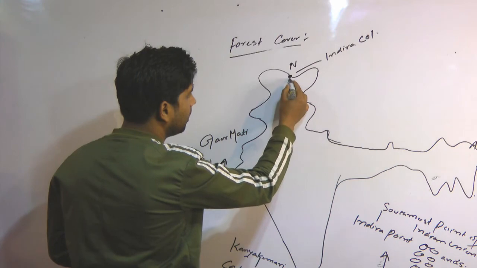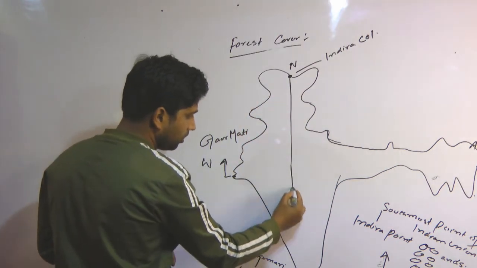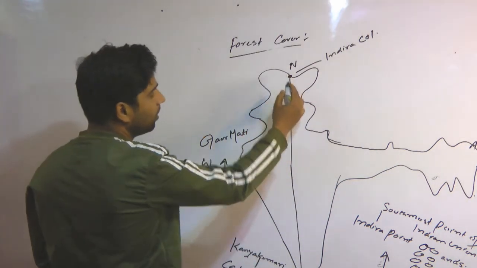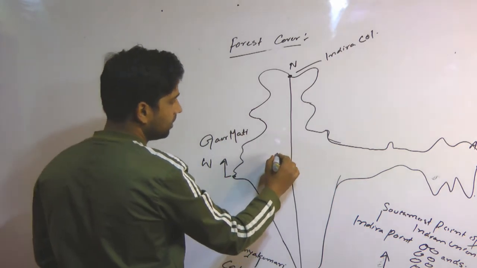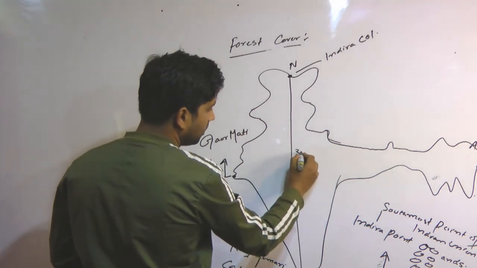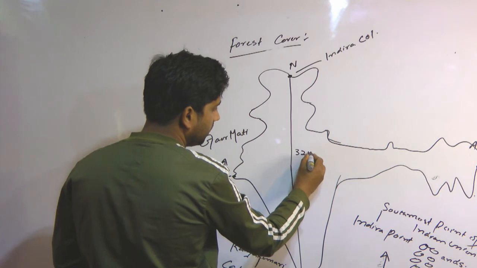And from north to south, India is 3,214 kilometers.